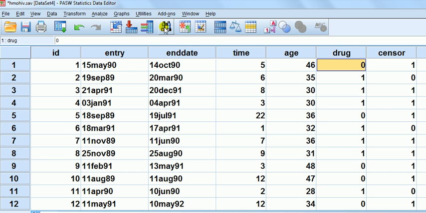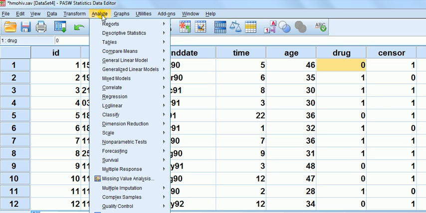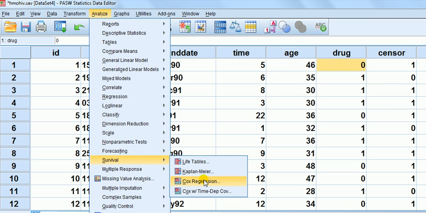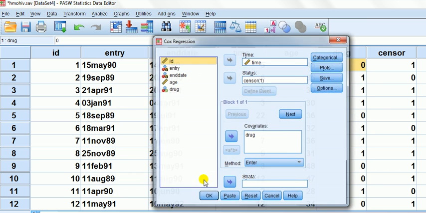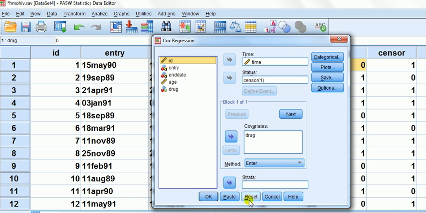Alright, let's run the model. We go Analyze, and then we go Survival, and then Cox Regression, and this is one I've done earlier, so let's reset everything. What I want in time is the time variable. Status, that's the censoring variable.